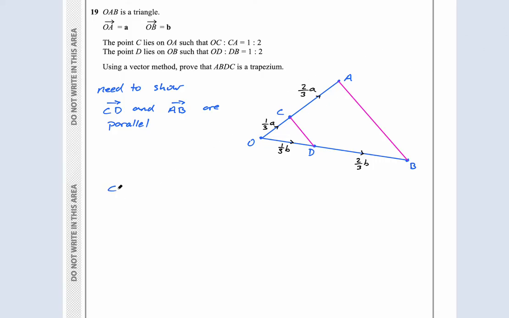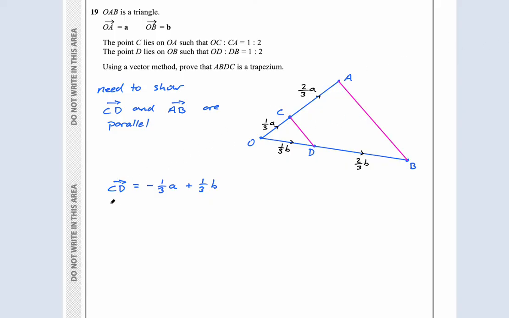CD is equal to minus 1/3 A plus 1/3 B, because I go down this way and over that way. Minus against the arrow, minus 1/3 A plus 1/3 B.